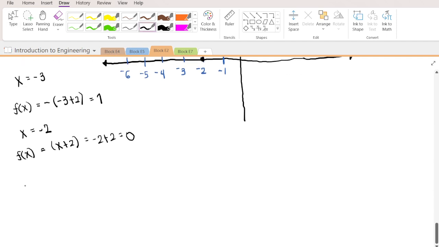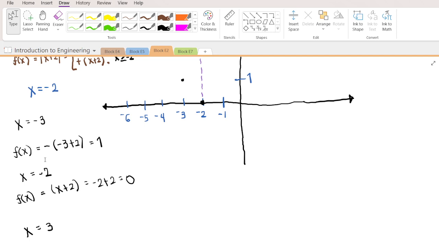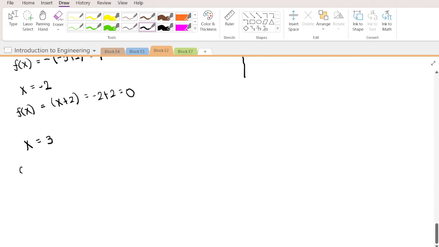But if x equals 3, that will be a positive value, so your f of x is the positive version of x plus 2. Therefore you have 3 plus 2, which is equal to 5.